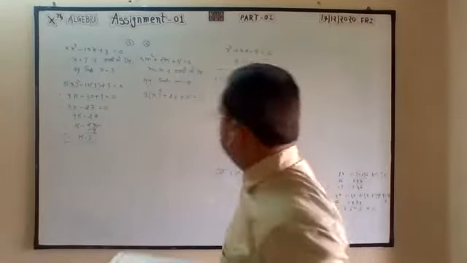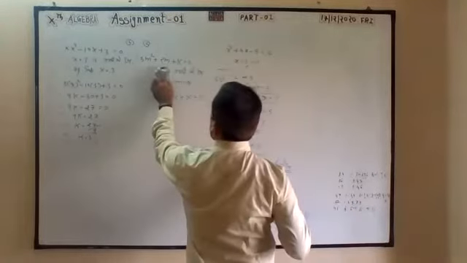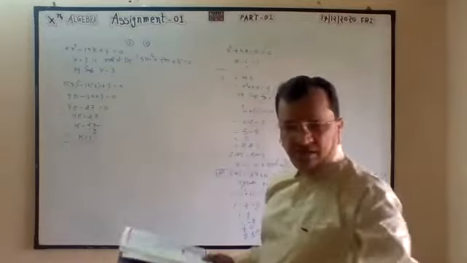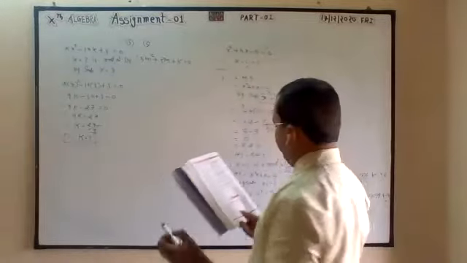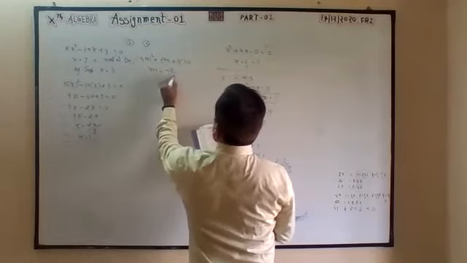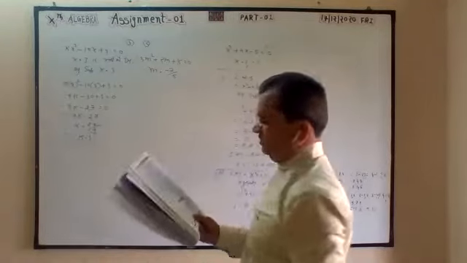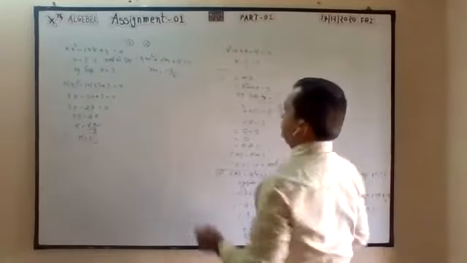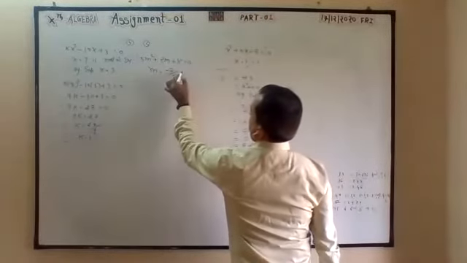So it is given. m is given as 7 by 5. A number is given, not k.